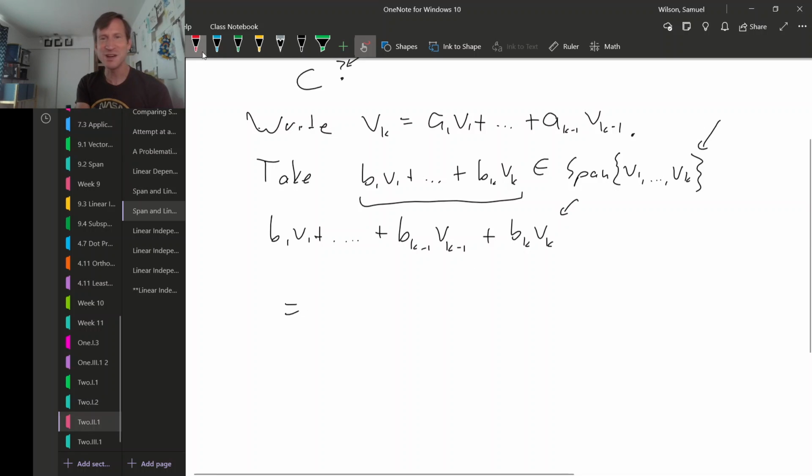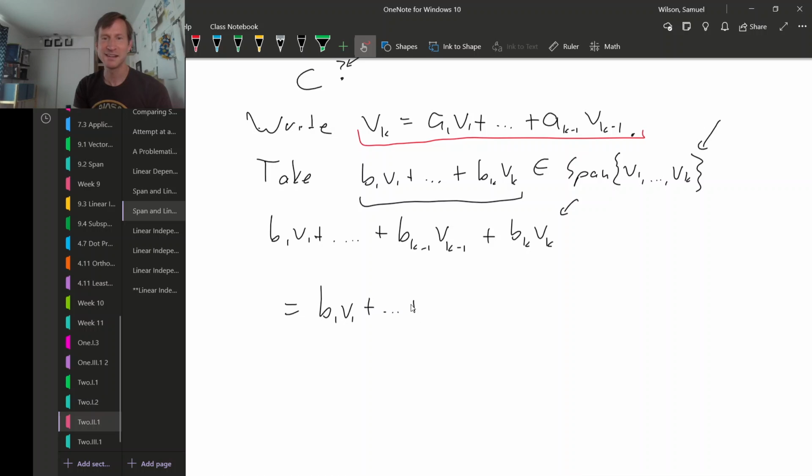But look, we know that v_k is this linear combination of the other v's. So we can write b1 v1 plus ... up through b_{k-1} v_{k-1} plus, and now this last term we can replace with a1 v1 plus ... plus a_{k-1} v_{k-1}.